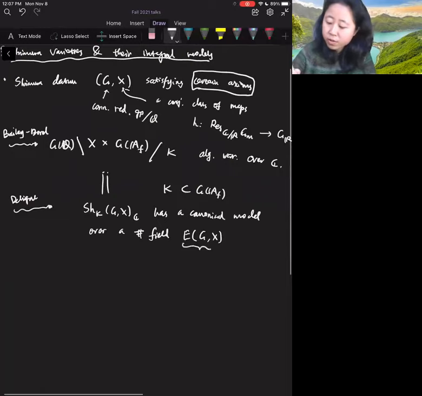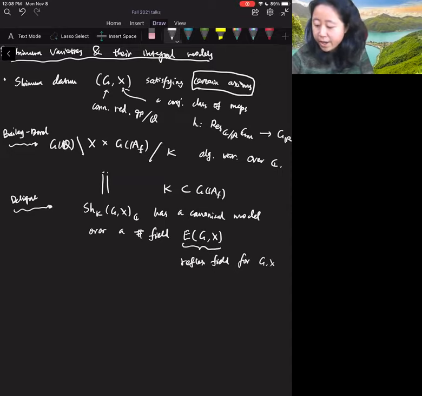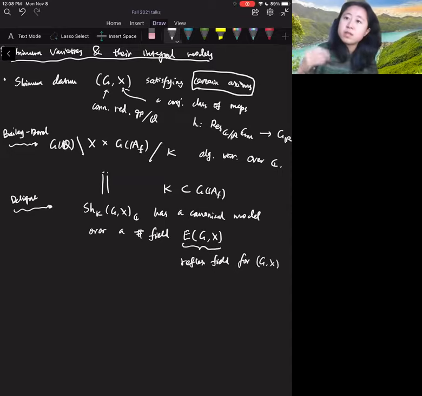This is what we usually call the reflex field for the Shimura datum (G, X). And this reflex field is independent of the level structure K that you choose.